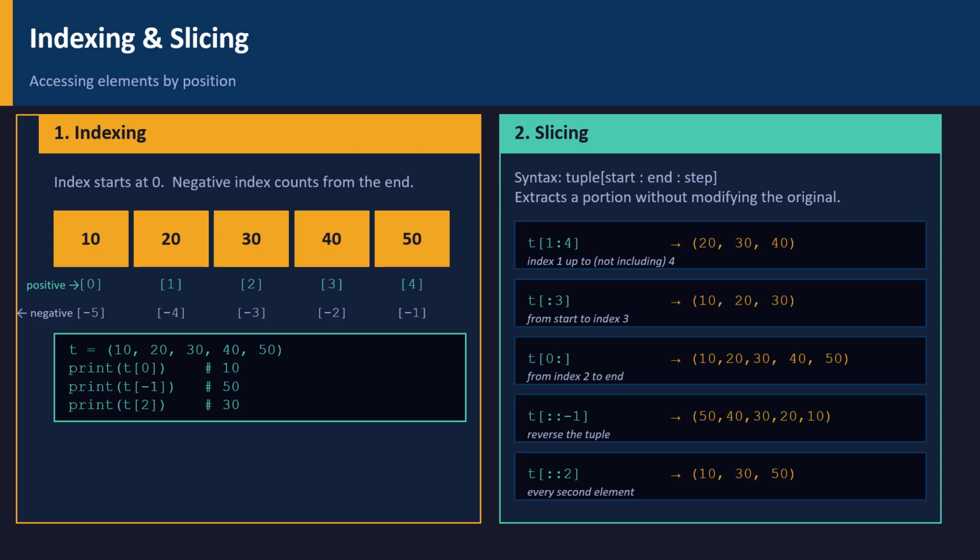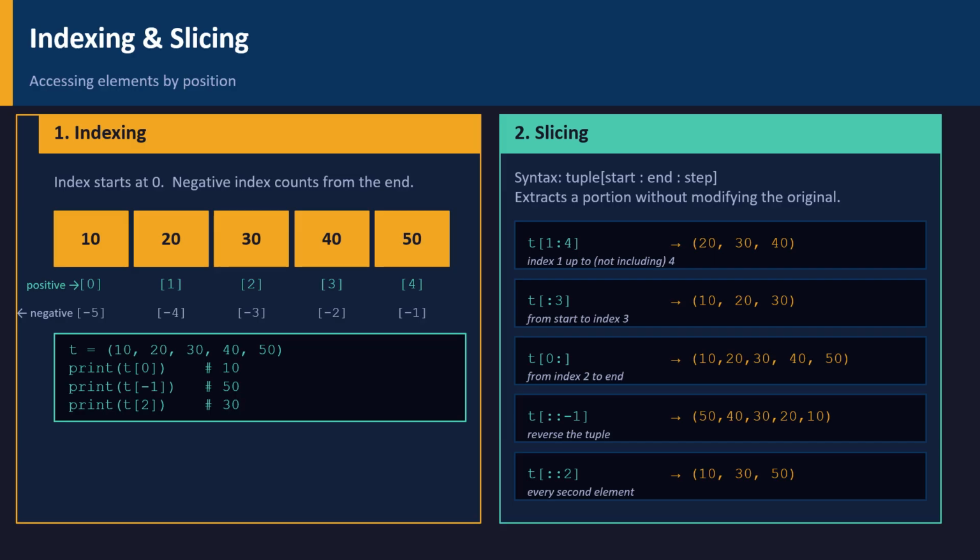The positive indexing starts from 0, which points to the first element inside the tuple. Likewise, it progresses till the last. We can also use negative indexing, where -1 is assigned to the last element given in the tuple.